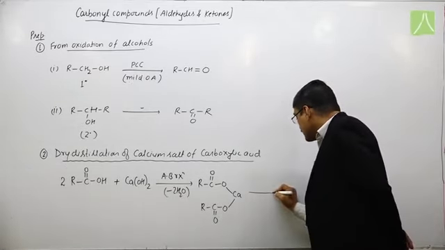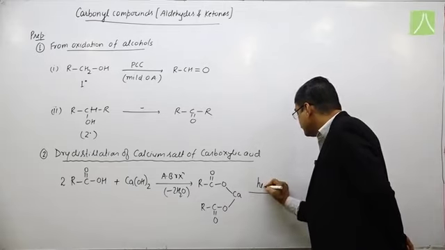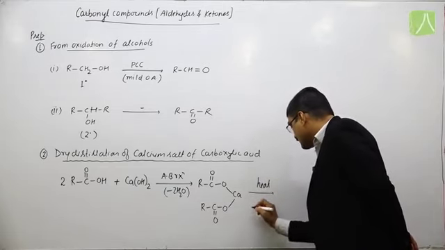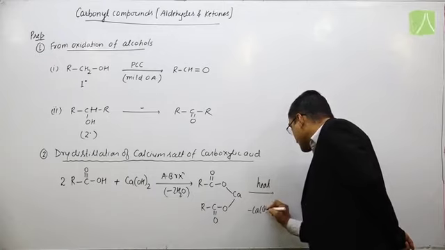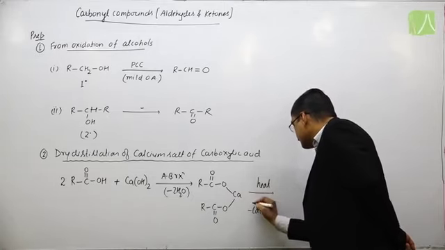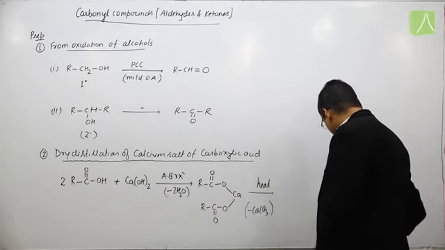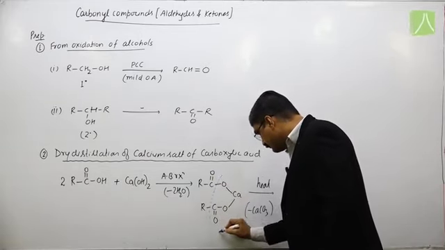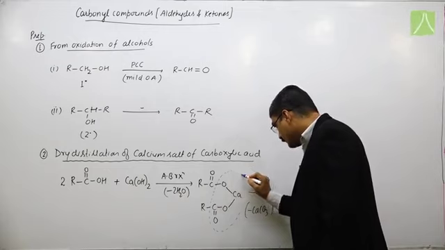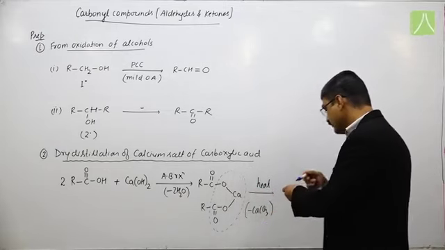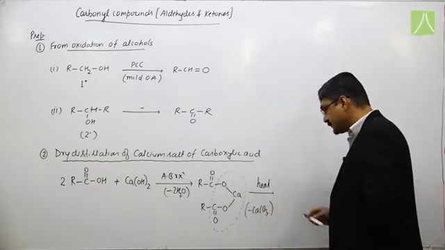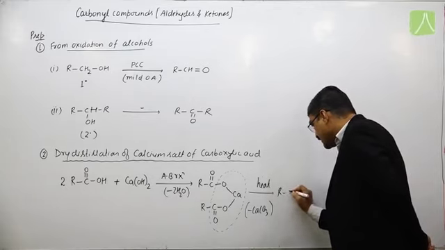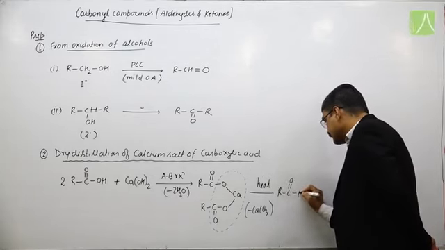When this calcium salt is heated at higher temperature, then calcium carbonate is eliminated. This is the portion which is eliminated by cyclic transition state, and finally we get the RCOR.